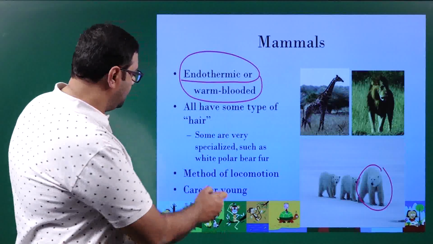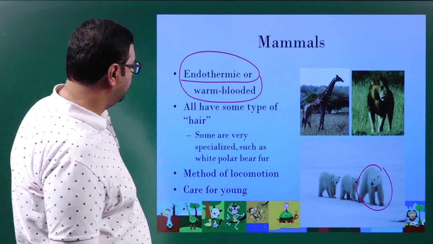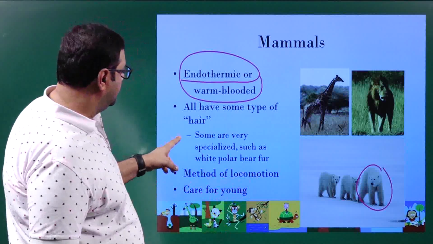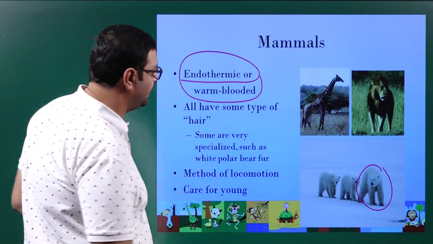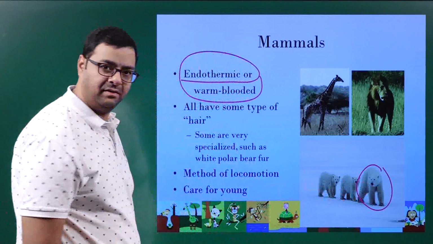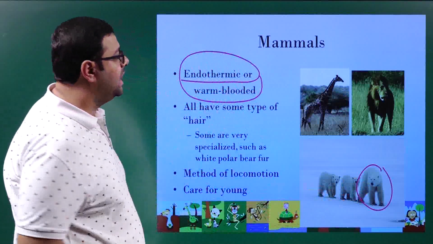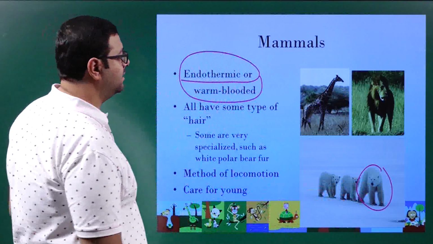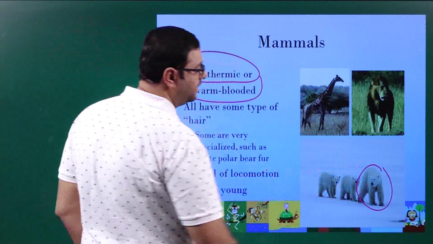Then methods of locomotion and care for the young. One of the adaptations we have seen is the hair. The next one is method of locomotion, so how are they moving from one place to another, and care for the young. How do they take care of their young ones?